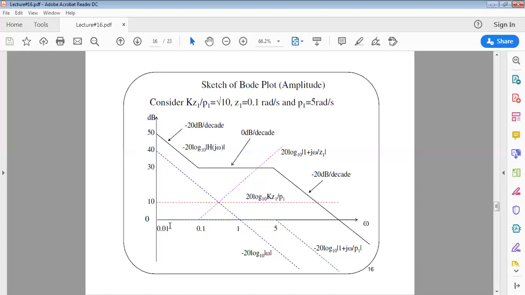Because there are two decades here, from 0.01 to 1, to maintain the slope of negative 20 dB per decade, the blue dotted line needs to pass through 40 dB. Because this is 40 dB over 2 decades, 40 divided by 2 gives negative 20 dB per decade. So the blue dotted line is the plot for the pole at origin.